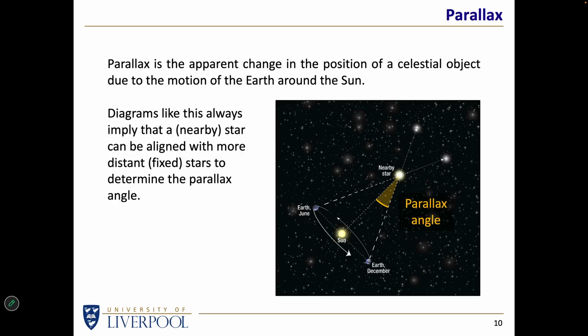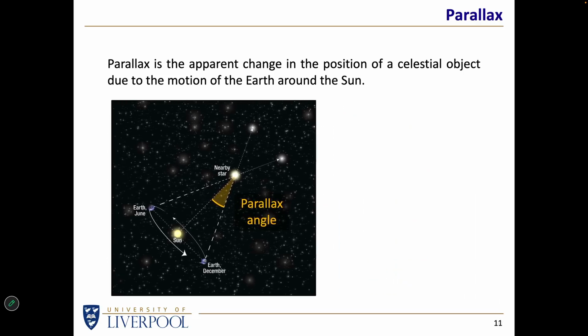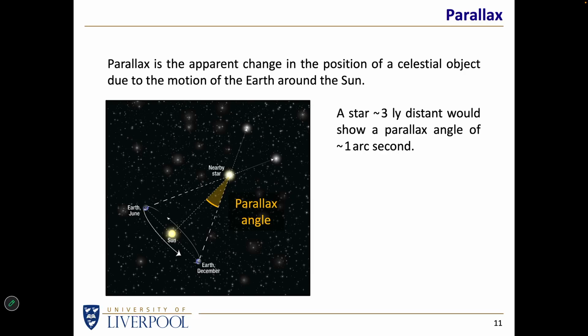The parallax angle is very small, but how do we measure the parallax angle when the fixed stars themselves are moving? So that is a problem. If everything in your field of vision is moving, parallax is not as simple as that diagram would have you believe.